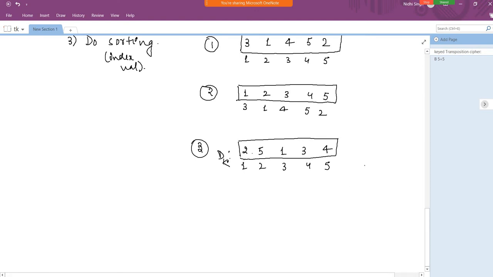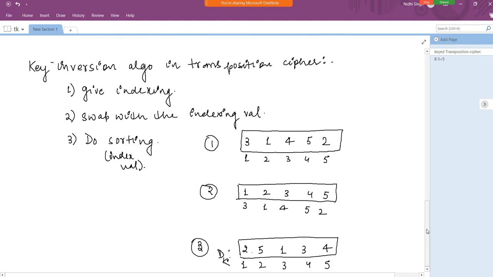So in the exam or a multiple choice question, this type of thing can be asked. One encryption key I will give to you, and you have to apply this algorithm and tell us what will be the decryption key.